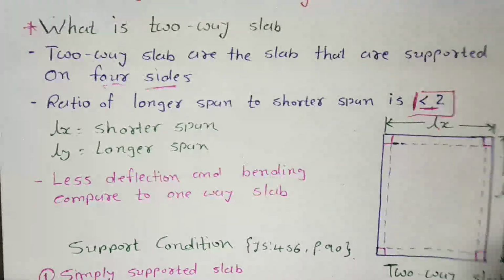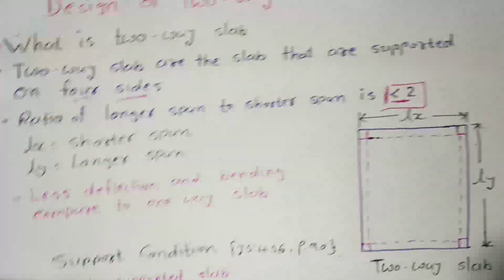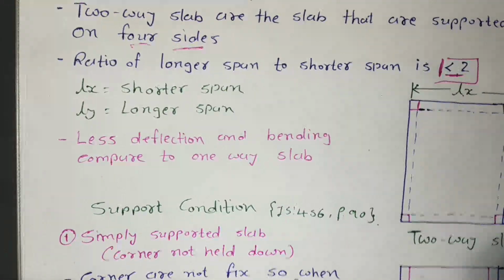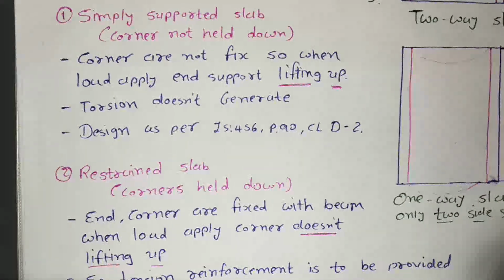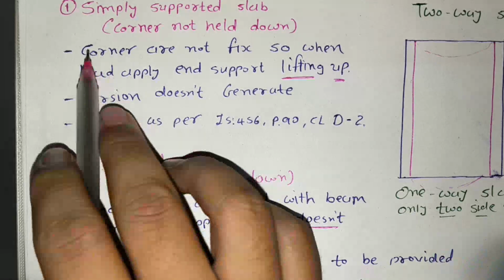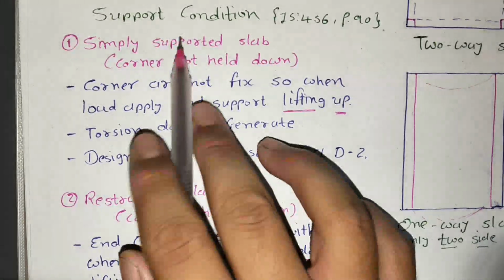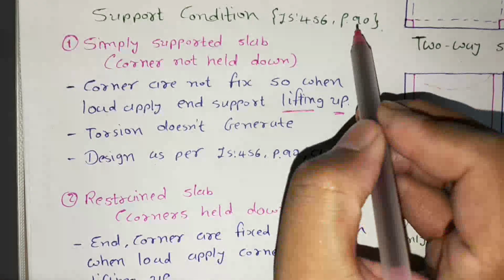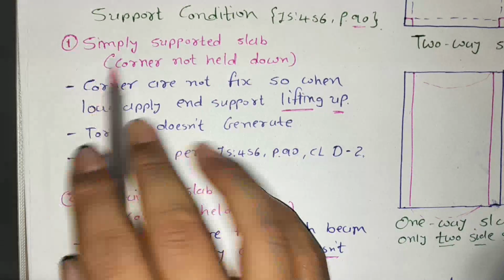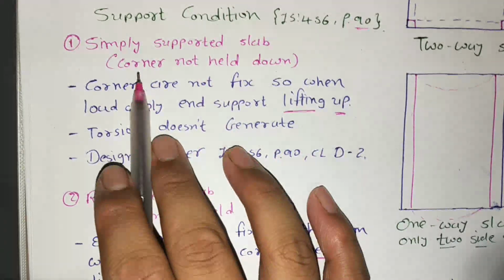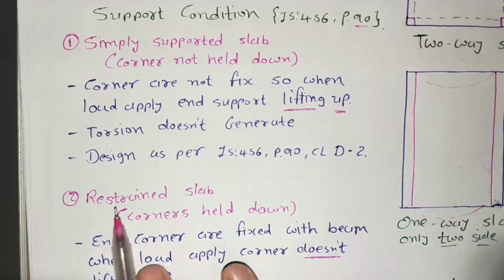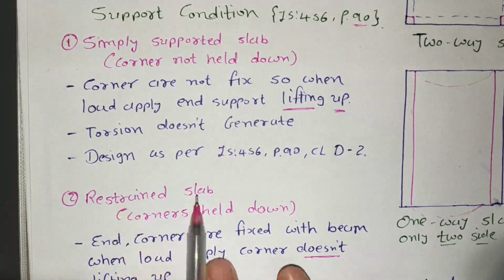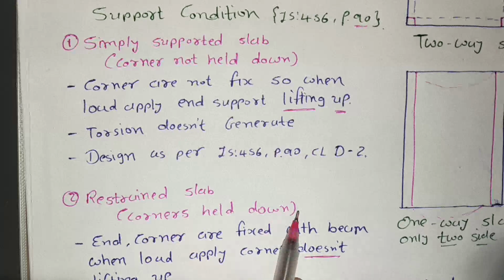There are two conditions for the usage of a two-way simply supported slab. For support condition, as per IS code page number 90, the first is the simply supported slab, also called corners not held down. The second condition is the restrained slab, that means corners held down.